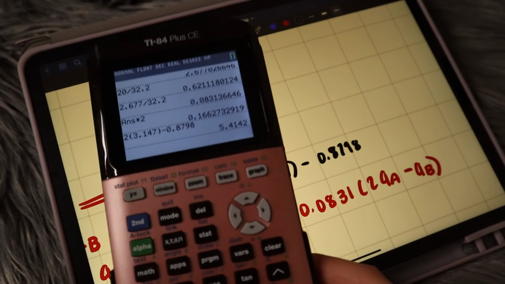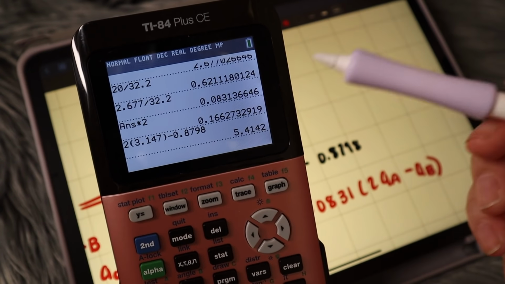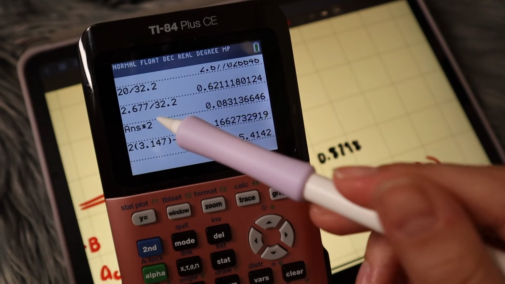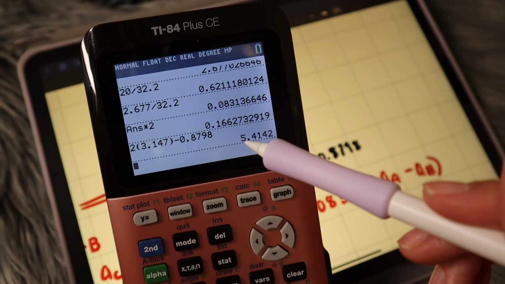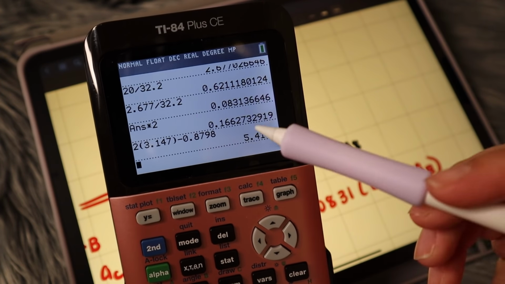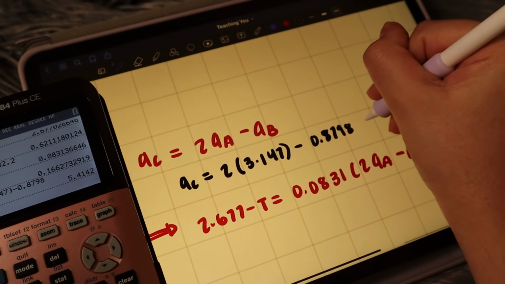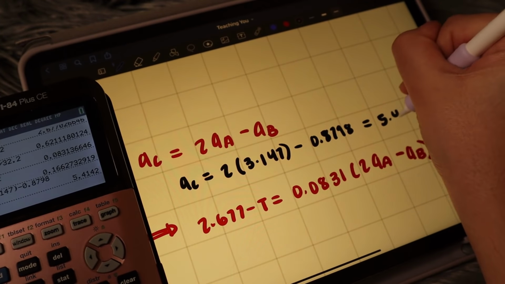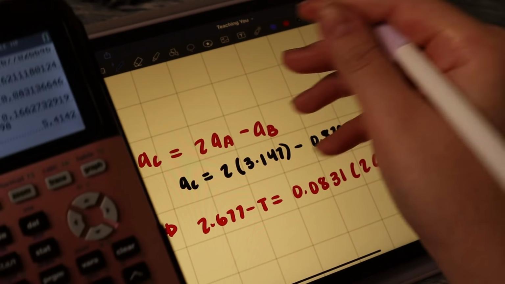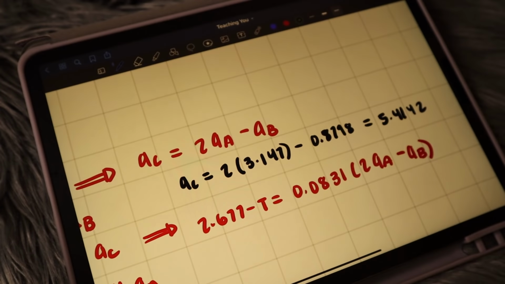So if you do that, you should get 5.4142. There it is. So this is 5.4142.